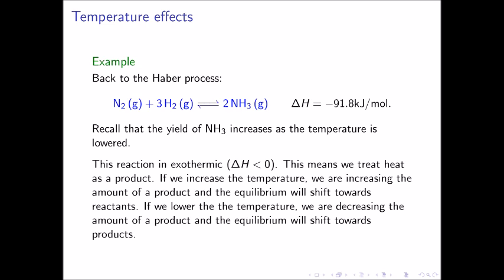This means that we treat heat as a product. If we increase the temperature, we are increasing the amount of a product, and the equilibrium will shift backwards toward reactants. If we lower the temperature, we are decreasing the amount of a product, and the equilibrium will shift towards products, thus increasing our yield of ammonia at lower temperatures.